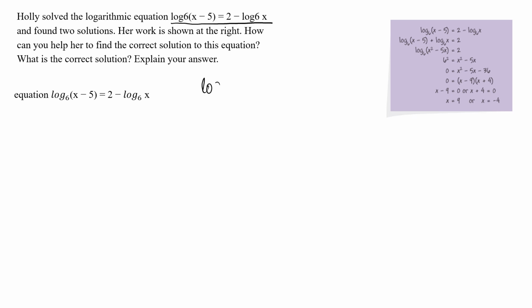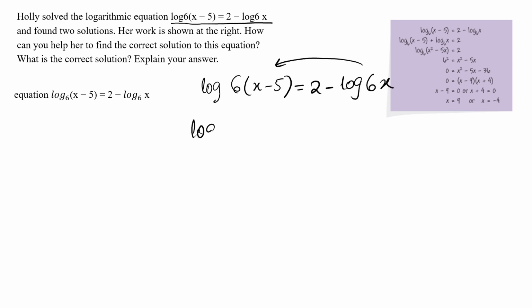Log of 6x minus 5 equals 2 minus log of 6x. Bring this log over there. So I will get log of, open the bracket, 6x minus 6 times 5 is 30. If I bring the minus log to the other side, I will get plus log of 6x equals 2.